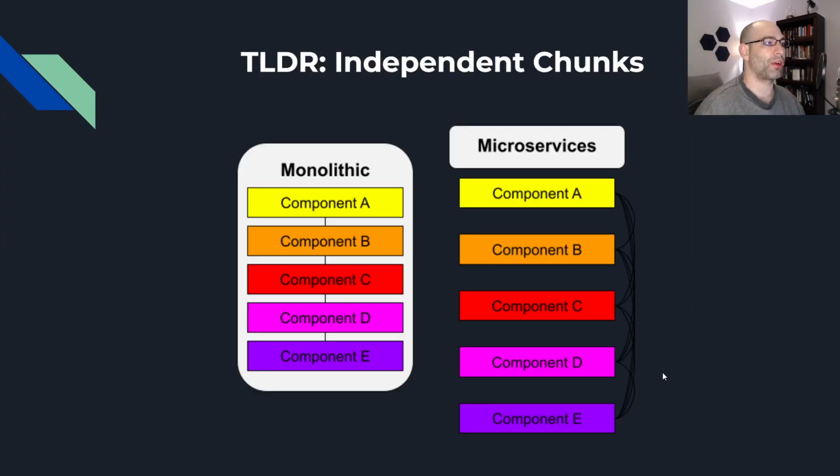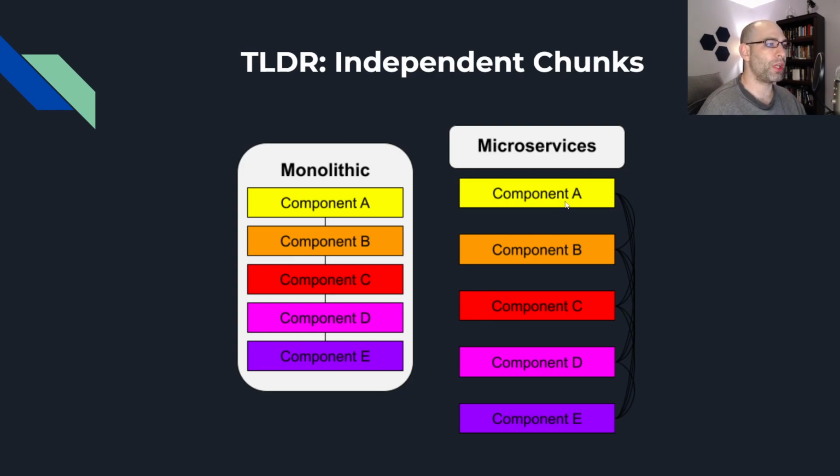The short version of a microservice is that it's when you break software into independent chunks. So the old school way of building software was that you'd have a monolithic application where all the software is put together in the same executable file or in the same server, and so on. And this works up to a certain point, but as you can imagine, once you get bigger, it's really difficult to run.